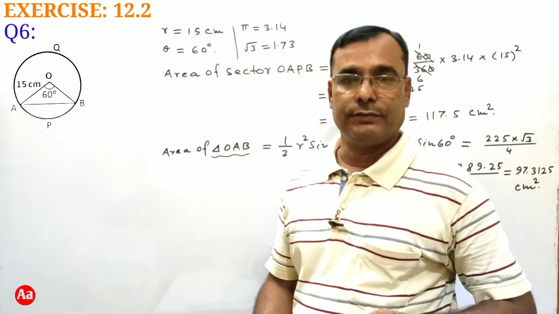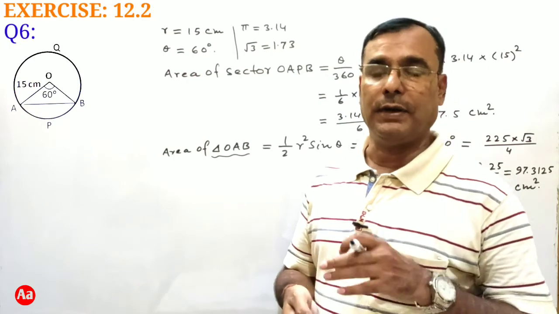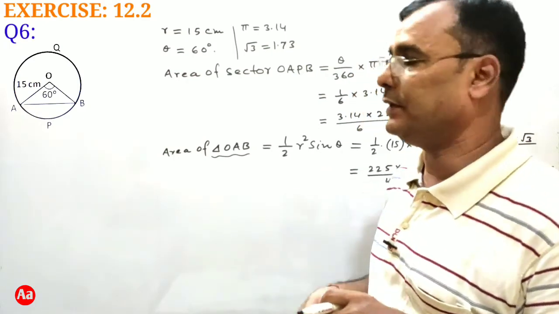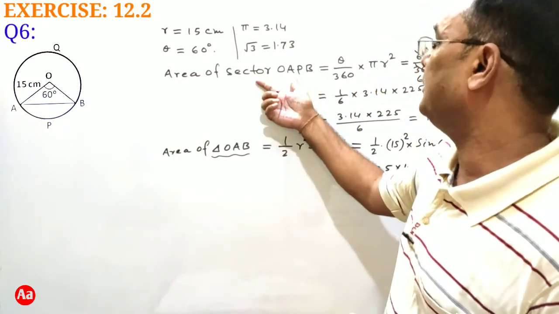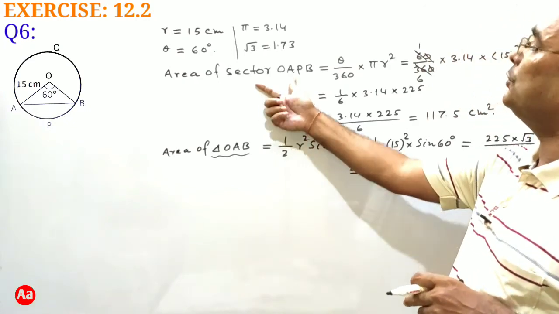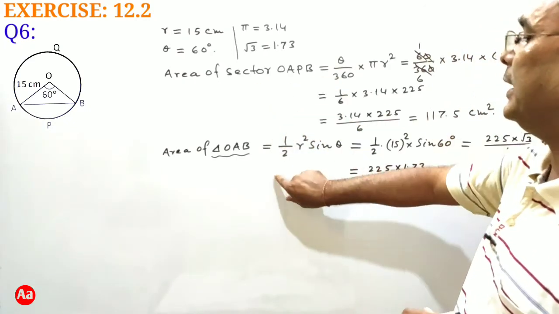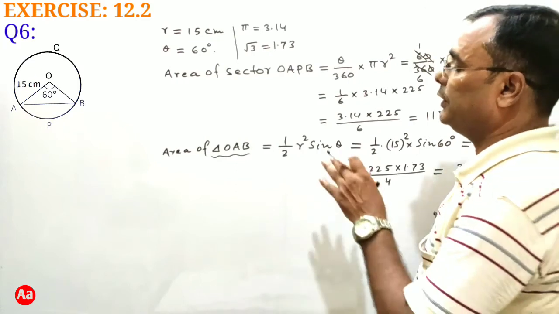So now we can find the area of minor segment APB, which is the difference of area of sector OAPB minus area of OAB.